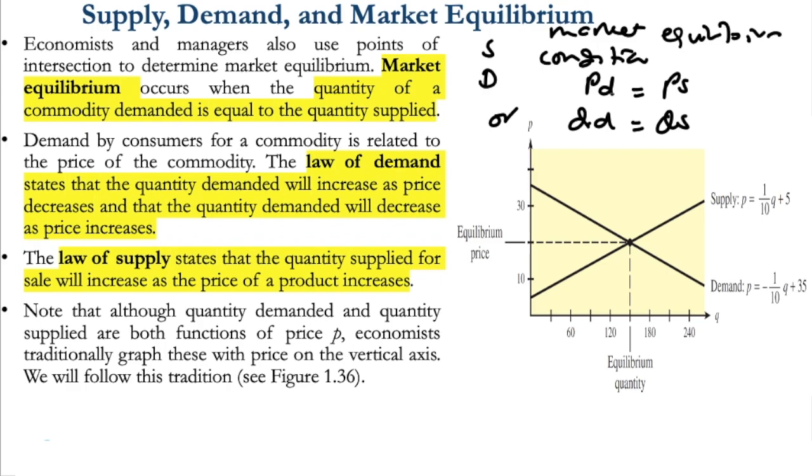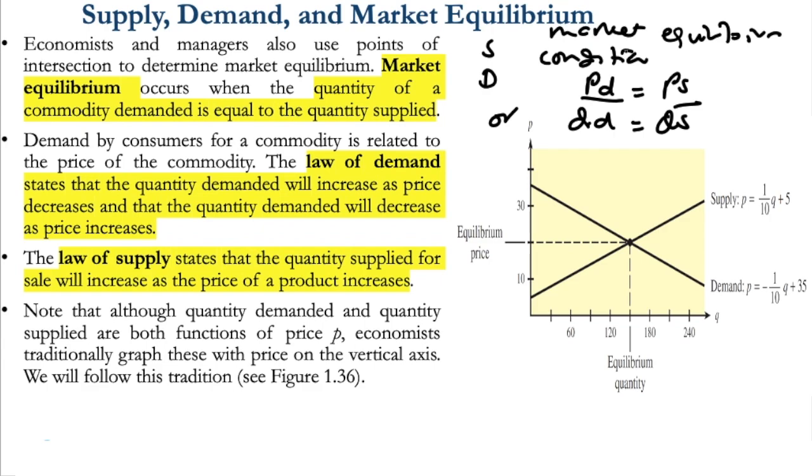So that means you have two equations. One is for demand, one is for supply. So when you lump them together in order to find price and Q, then like I said to you earlier, we have two methods. The first one is using a graph, the second one using calculation.